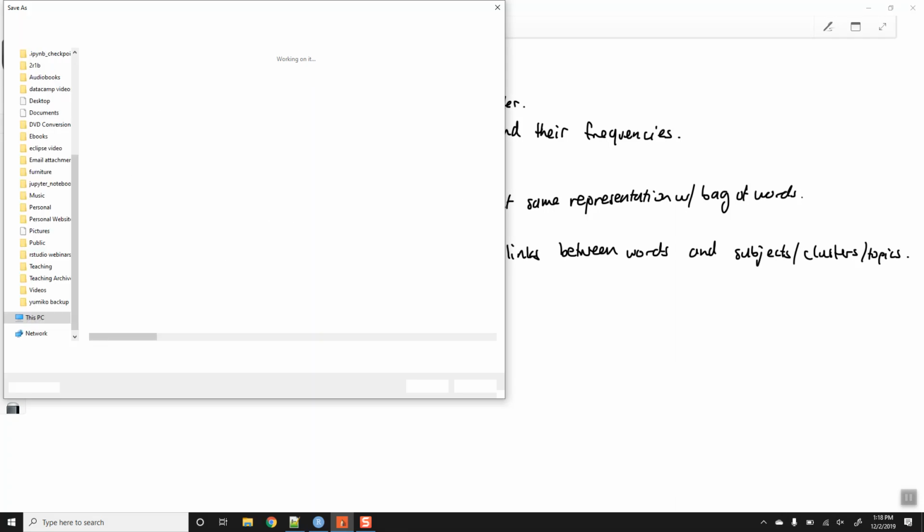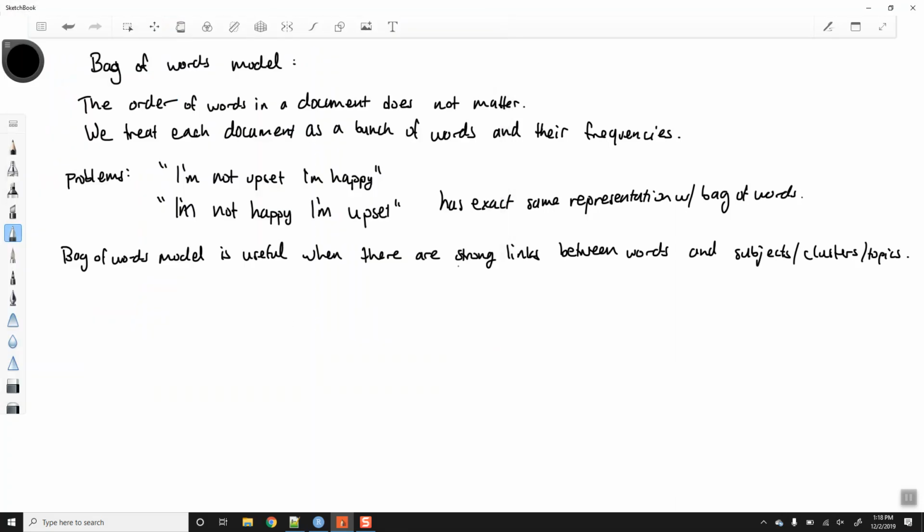For example, if a document contains the word horsepower, right away you can imagine we're talking about cars, vehicles, engines of some kind. Certain words really generally appear only in certain contexts.